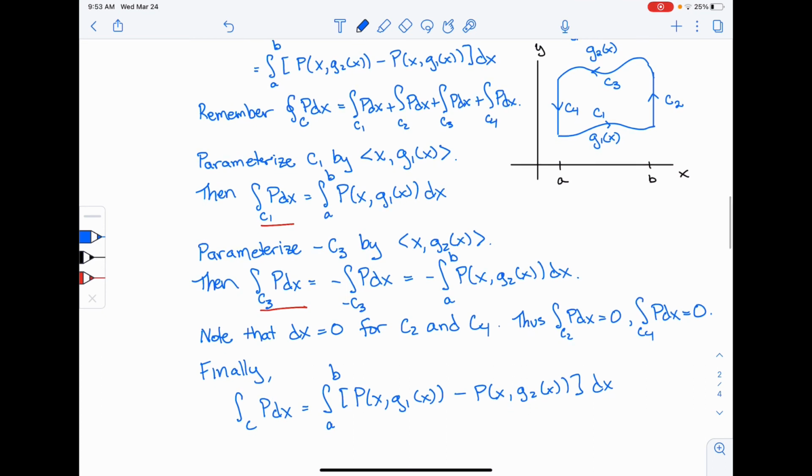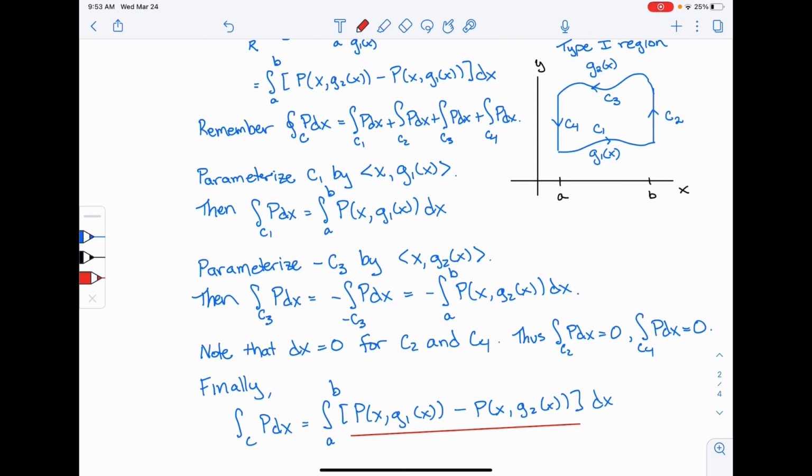And in fact, that actually is going to show our result, because if you look at this integral, that's actually equal to minus this integral.